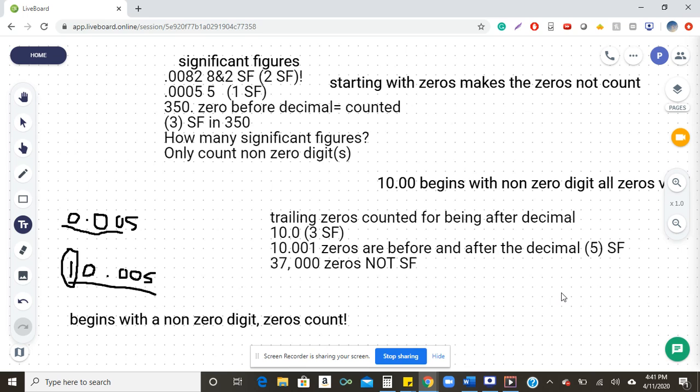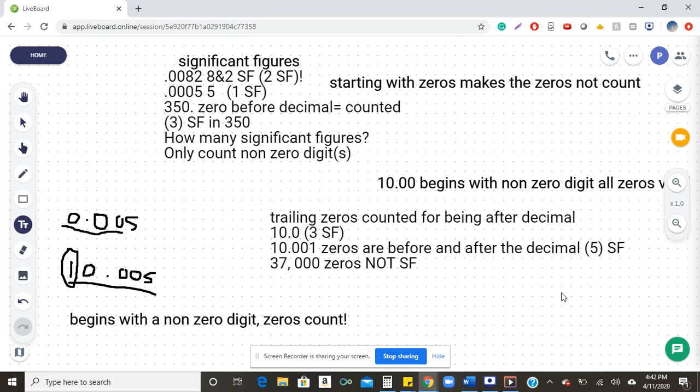So finally, the most important thing, or not even most important, just really important. 37,000 is a number that is essentially made with a comma. So with that comma, if you have zeros after a comma, they don't count.